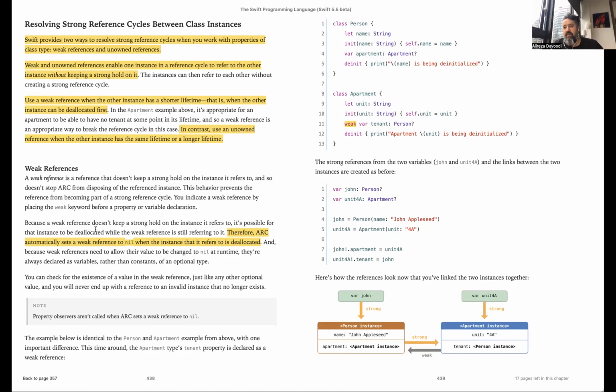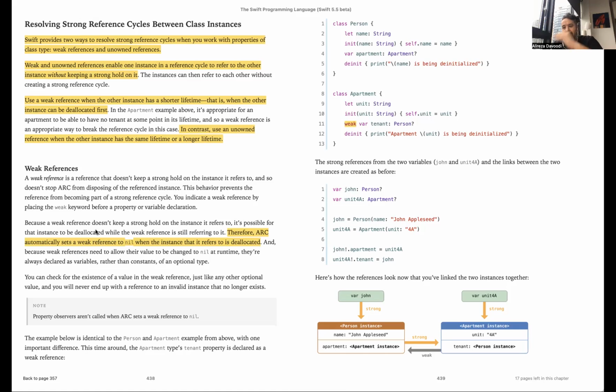The difference between a weak reference and a strong reference is that a weak reference also creates a reference to an instance. That's the only difference. It also creates a reference to an instance, but it doesn't increase the reference count of that instance. So this is how it helps with the reference cycle problem.